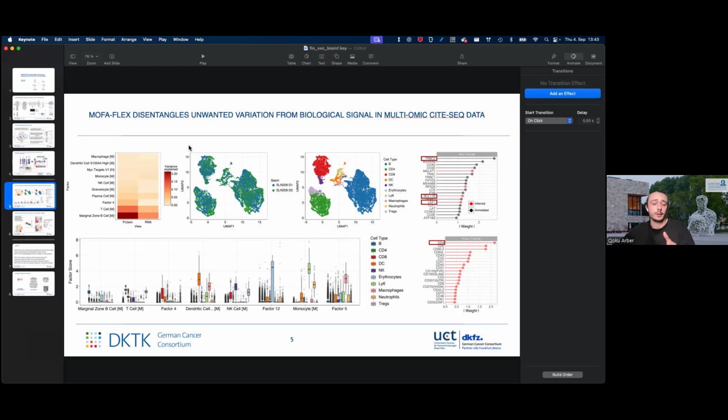I have to say there are lots of methods that do batch correction, especially methods that accept an indicator: this is from batch 1, from batch 2, from batch 3, and they perform quite well. I have to highlight that for this method, we did not provide that information to the model. So the model had no idea which batch the sample belonged to.